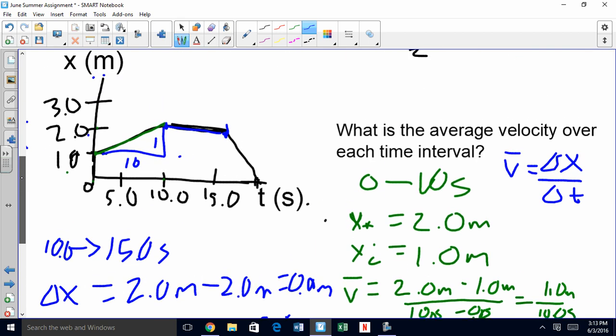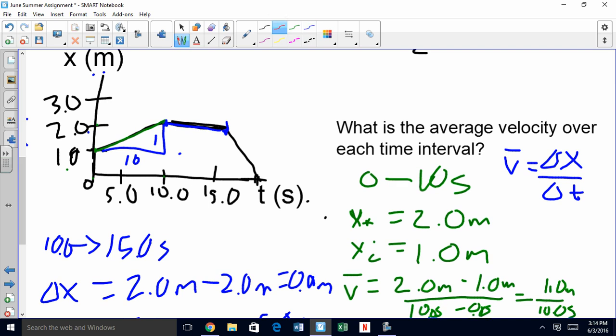If we look at our third time interval, down here, my initial position is 2. My final position is 0, right? Because this is the point 15, 2. So the initial position is 2. This is the point 20, 0. So the final position is 0.